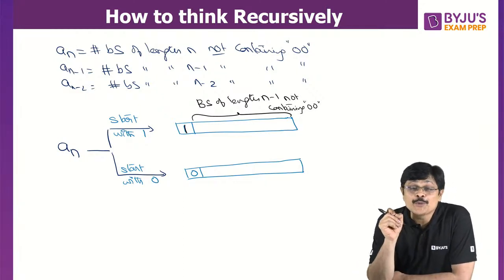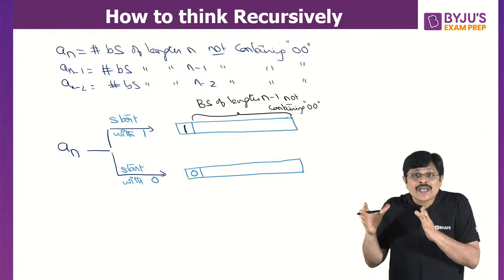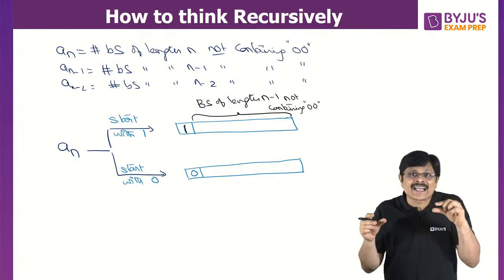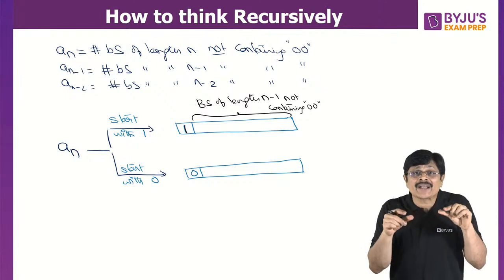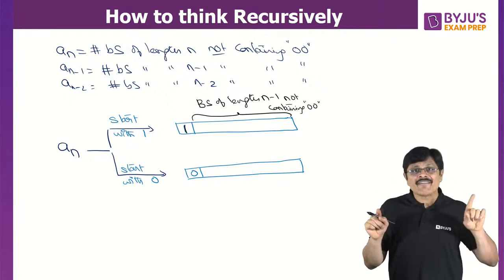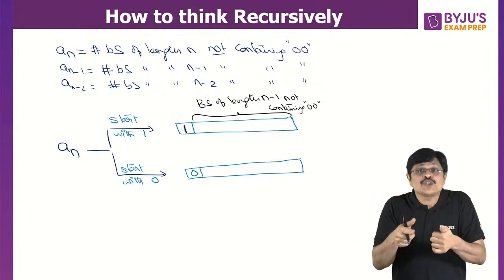Now the point to be understood and point to be verified is, ये n minus 1 string जो है उसमें 0 0 नहीं है, बट उसको 1 अटैच करने से 0 0 पैटर्न आएगा या नहीं, वो चेक करना पड़ेगा आपको. क्योंकि ये 1 अटैच करने से 0 0 पैटर्न आए तो n लेंथ में आपको 0 0 पैटर्न आ जाएगा.